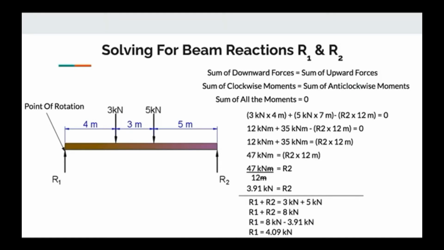So that would be 12 times 35. If you had 5 forces, all you would have to do is find the moments of all 5 forces and add them. Once you add them, all you would have to do is divide it by the length of the beam, which would be 12.